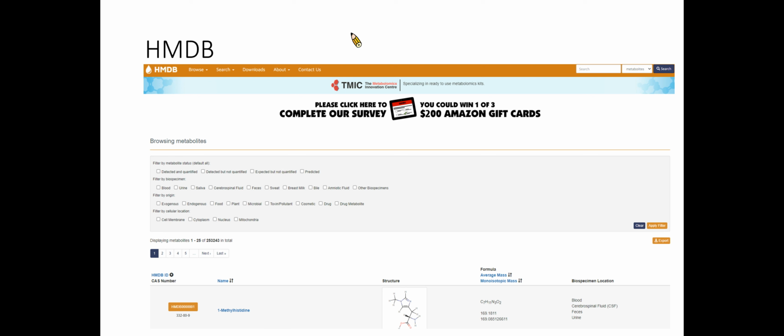The database contains 220,945 metabolite entries, including both water-soluble and lipid-soluble metabolites. Additionally, 8,610 protein sequences are linked to these metabolite entries.